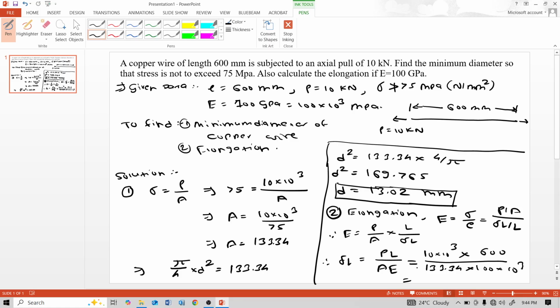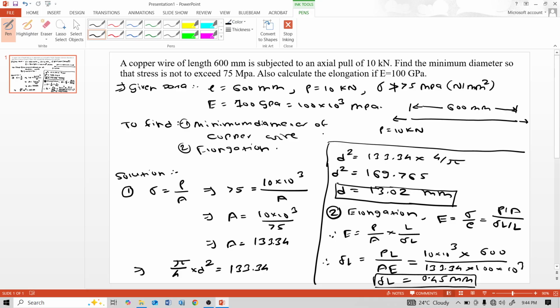So our elongation value is 10 into 10 raised to 3 multiplied by 600 divided by 133.34 multiplied by 100 into 10 raised to 3, which is 0.45 mm. That is the elongation.